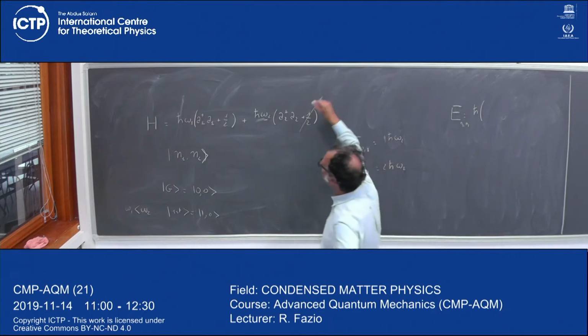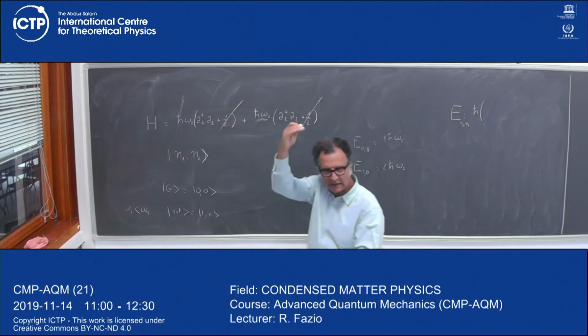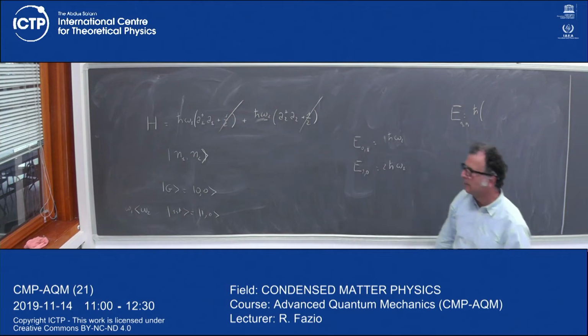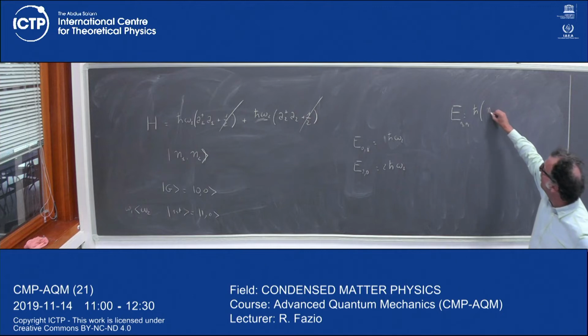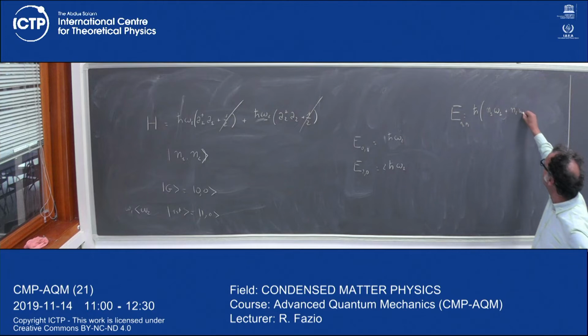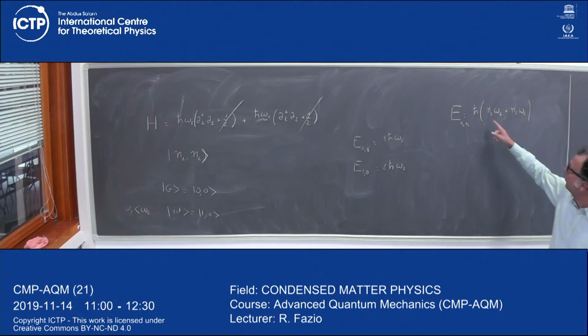I'm interested in understanding how to organize the levels. So this is n1 omega 1 plus n2 omega 2. Now you see that omegas are positive, n1 and n2 are positive or 0. So the lowest value is when n1 and n2 are both 0.